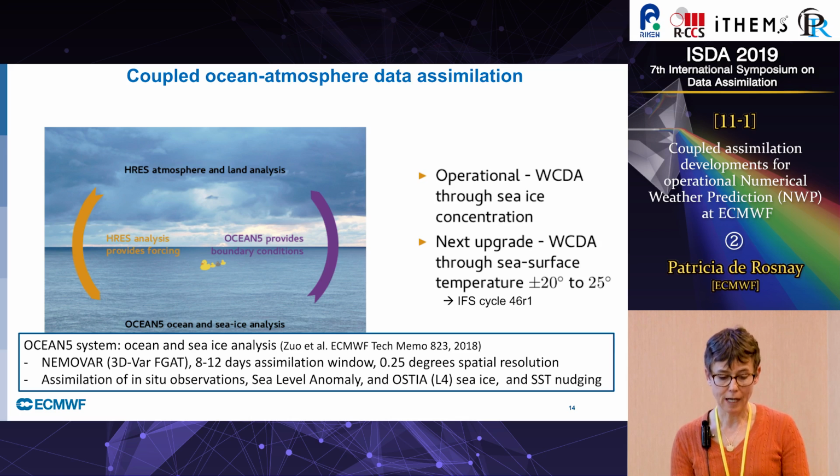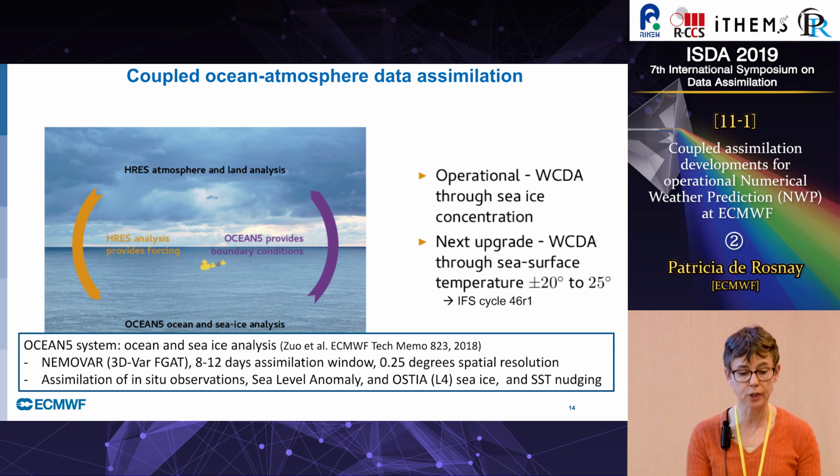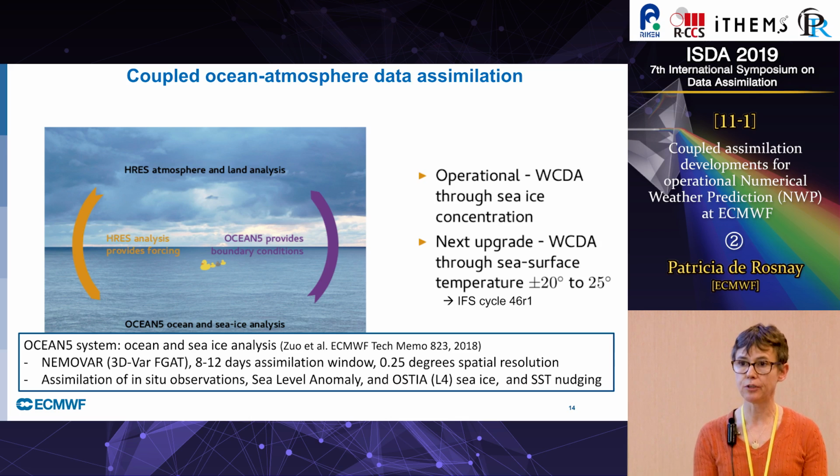And this Ocean 5 system is forced by the atmospheric conditions, which are coming from the high resolution coupled land atmosphere analysis. And in turn, the Ocean 5 system provides conditions to the high resolution coupled land atmosphere analysis. So we now have a 2-way coupling, a weakly coupled approach between the ocean system and the atmospheric system.